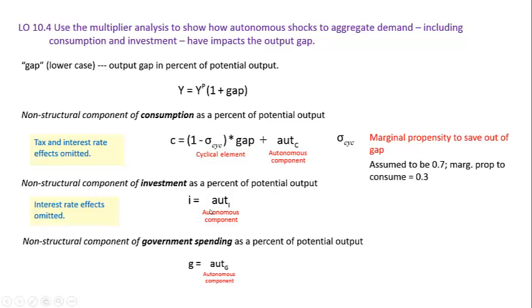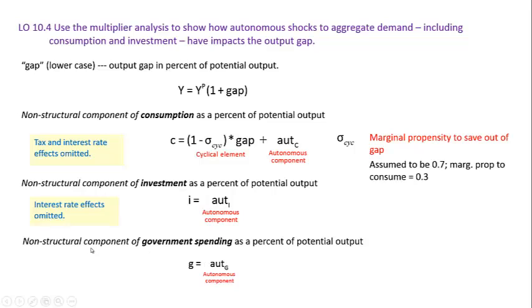So if firm owners become more optimistic about their firm's prospects going forward, we would have a positive element, and if firms became more pessimistic, this would be negative.